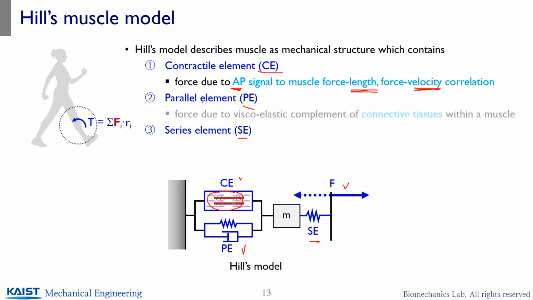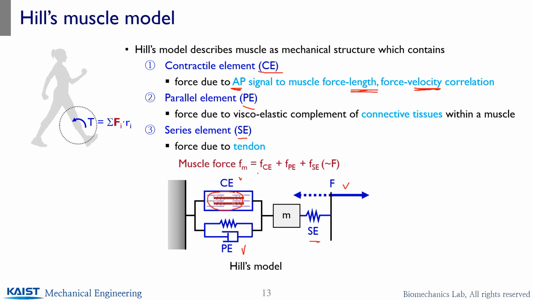And for the parallel element, researchers found that it is due to connective tissues, like the sarcoplasmic reticulum we just saw, or other connective tissues that must exist, and we can easily imagine that they are pretty much a combination of viscoelastic components, the damping components and the elastic components. The series element is mostly due to the tendon, and of course there should be viscous components, but the tendon is known to be dominantly elastic. So that's the series element, which we are going to model later.